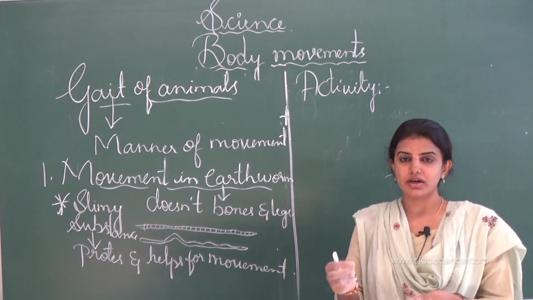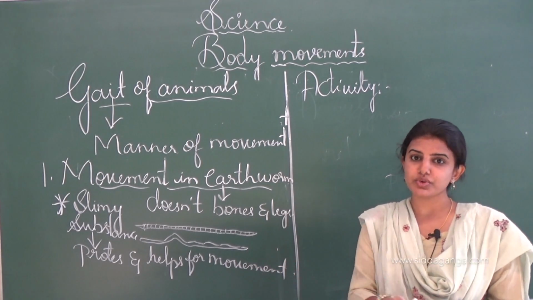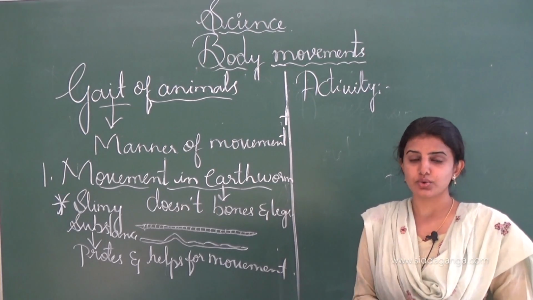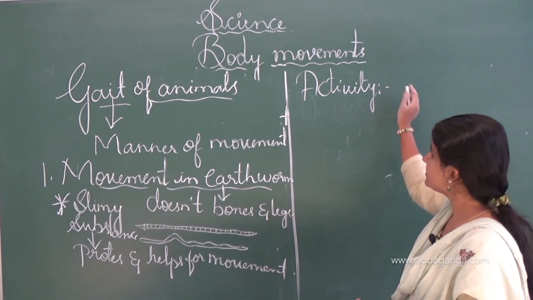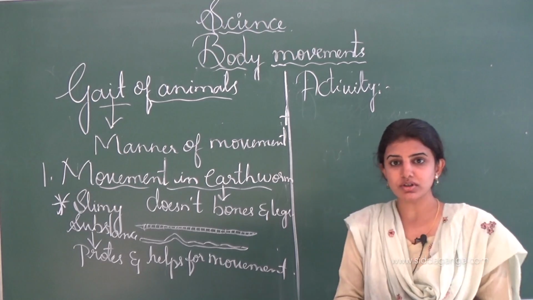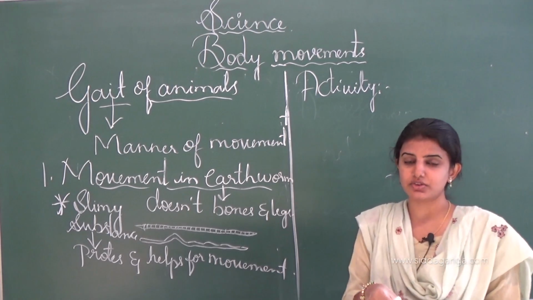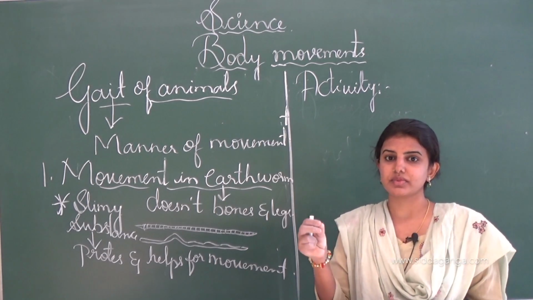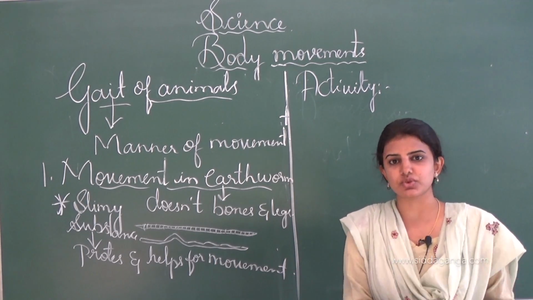By looking at the earthworm, which moves slightly on the ground, we see that it can move easily. In the first condition, we take the soil and put the earthworm into this soil. There we can say that the earthworm will move from one place to another.